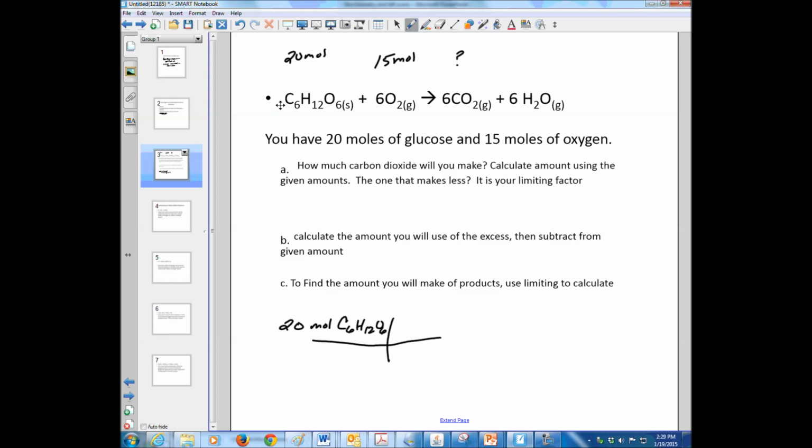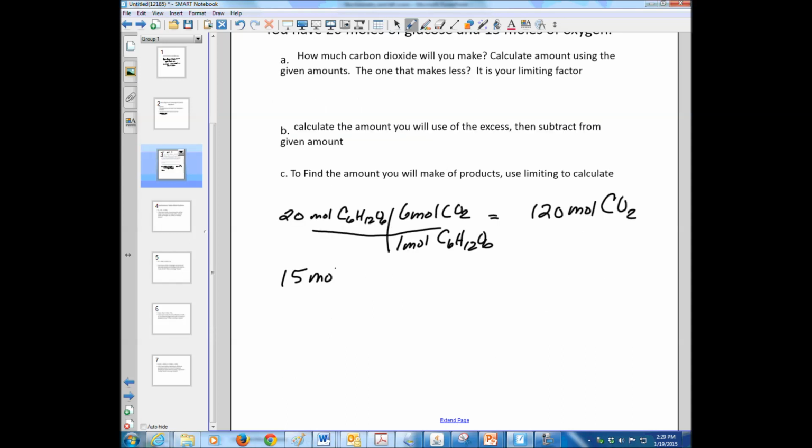and it's a 1:6 ratio. 1 mole of sugar gives you 6 moles of carbon dioxide. You get 120 moles of carbon dioxide. Not bad. Not bad at all. All right, let's try oxygen. 15 moles of oxygen.